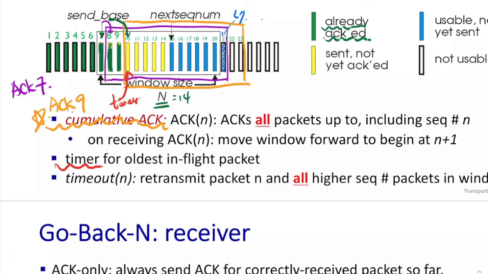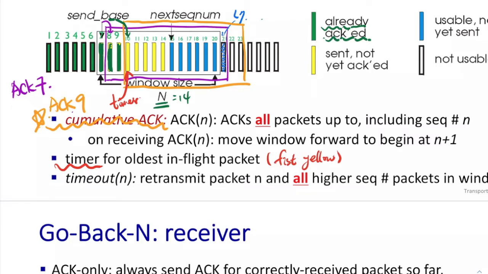Actually, it means the first yellow packet. Every time you move the window, take a look at the first packet. If it is a yellow packet, you set a timer for this yellow packet, because this packet is the oldest one, and it might get lost or something like that.